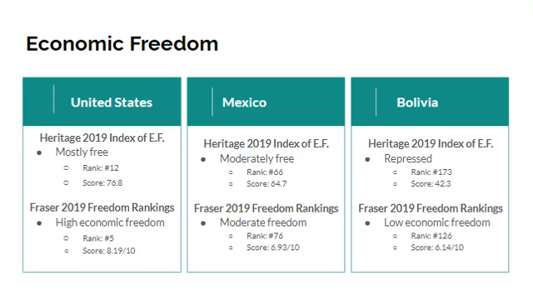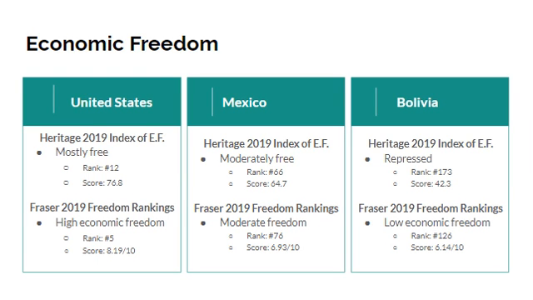It has its score based on property rights, financial freedom, trade freedom, fiscal health, and many other factors. The world average score is 60.8, and the United States is above that. Mexico is a little above that, and Bolivia is far below that.